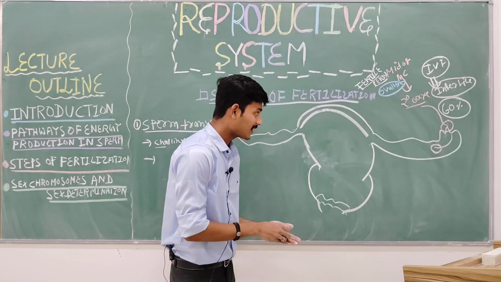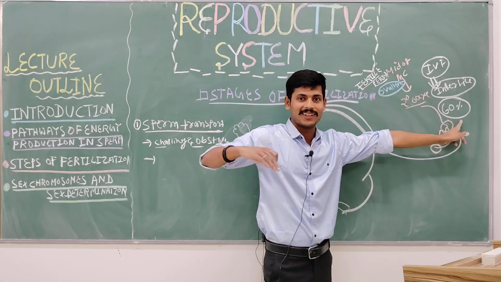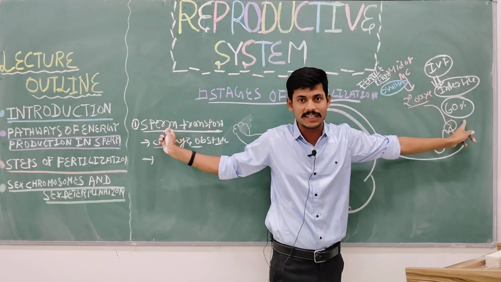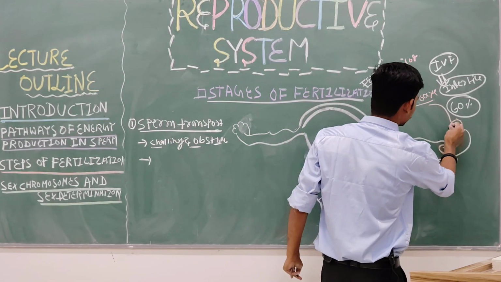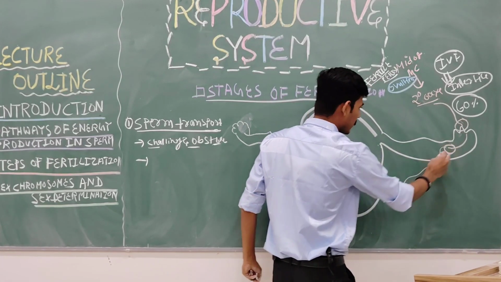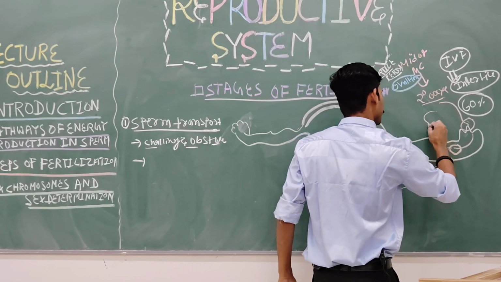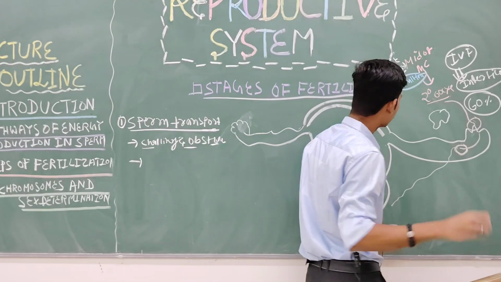And you know, I told you, the obstacle, his girlfriend is ready to reduce the challenges and obstacles for the sperm. You can correlate with the previous lecture.